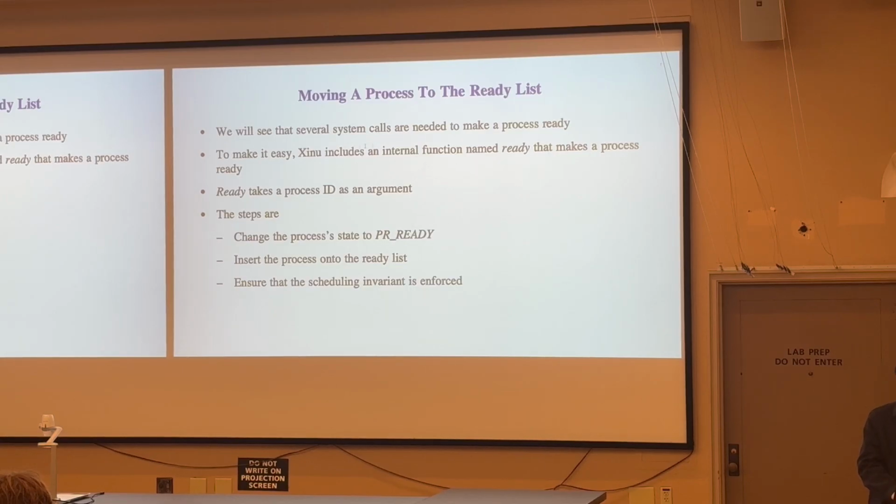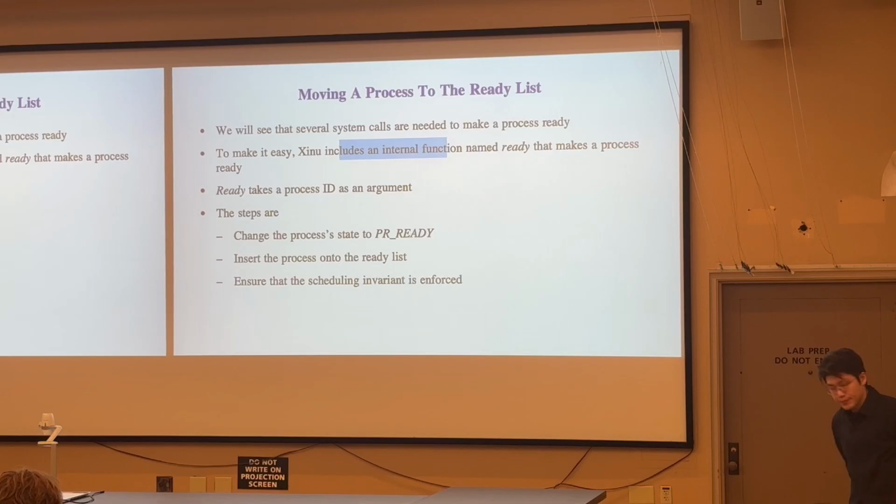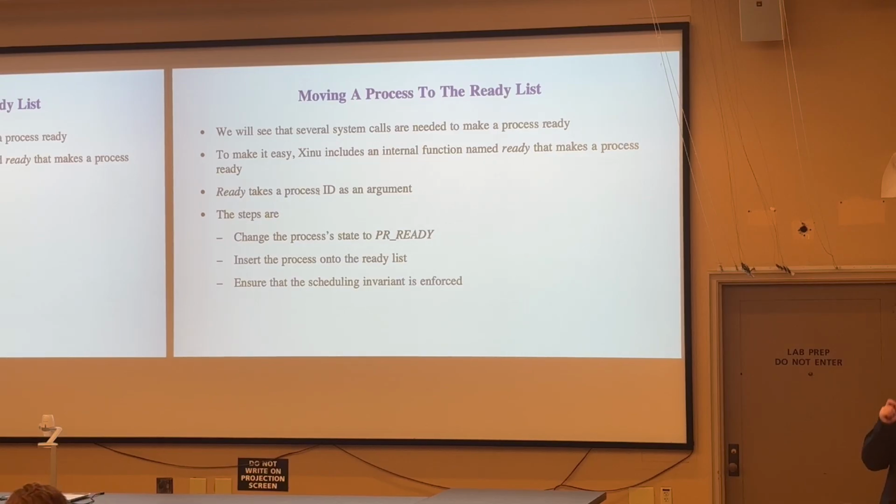This one is called ready. Xinu includes an internal function named ready that makes a process ready. It takes a process ID as an argument, changes the process state to ready, then inserts the process onto the ready list, and ensures the scheduling environment is enforced.